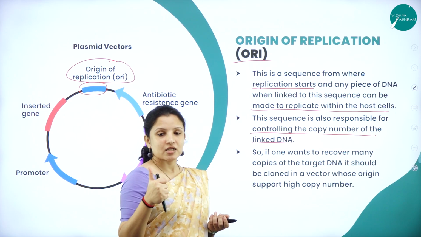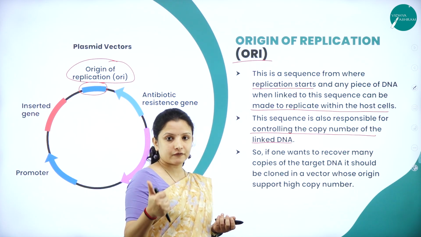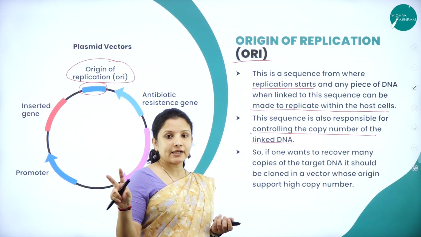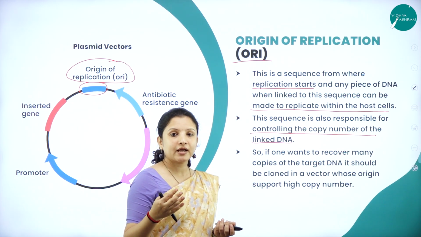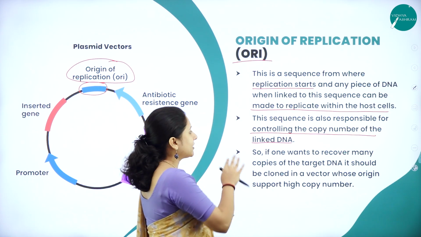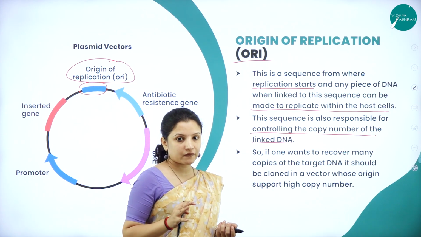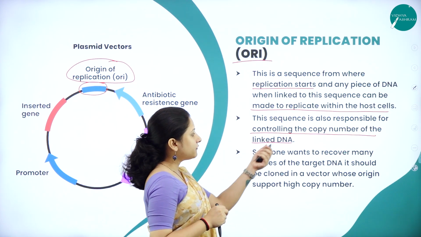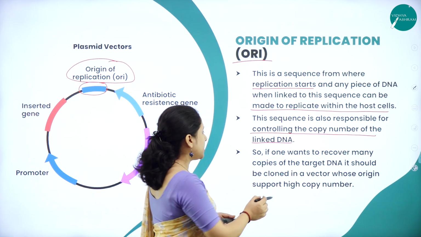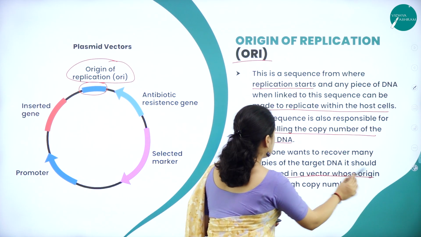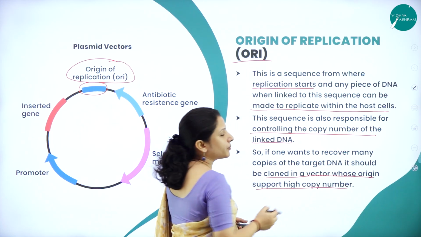First thing is, it helps in making the number of copies of DNA in the host organism. Second thing is, how many copies of that foreign DNA have to be produced will also be decided by the ORI region, or the origin of replication region. So if one wants to recover many copies of the target DNA, it should be cloned in a vector whose origin supports high copy number.